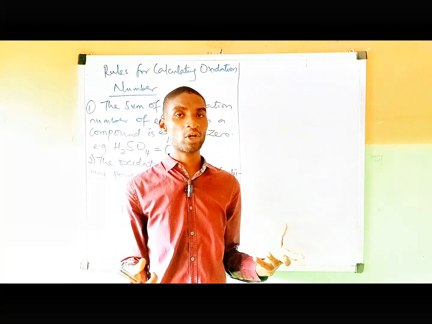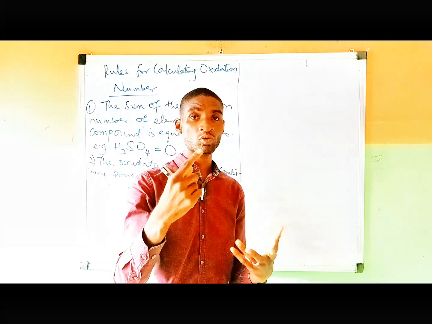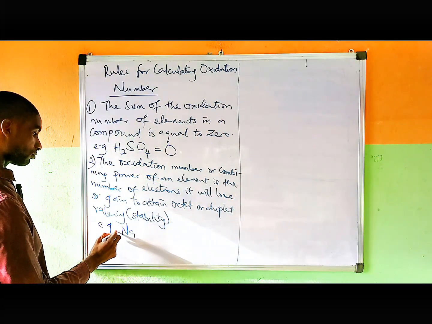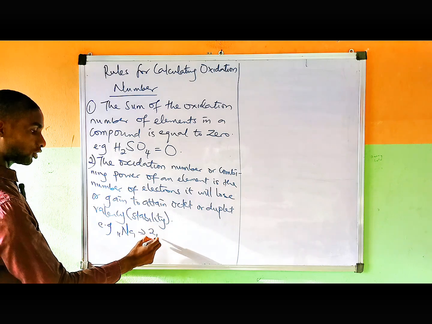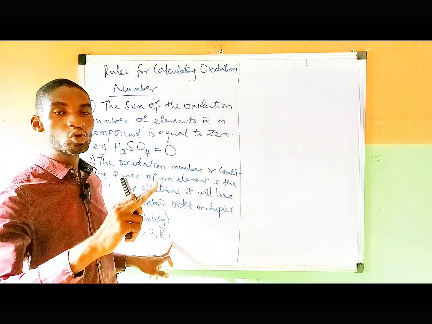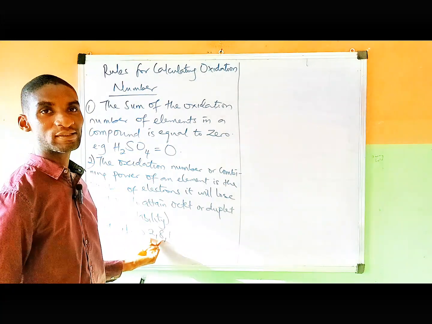For example, sodium has atomic number 11. If you write the configuration, it is 2, 8, 1. So it needs to lose this one electron to attain octet valence.